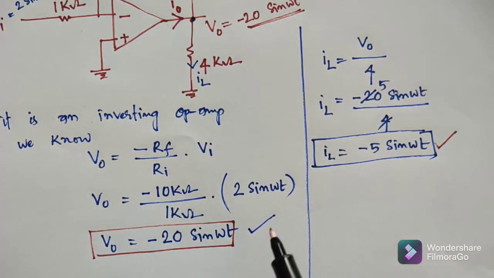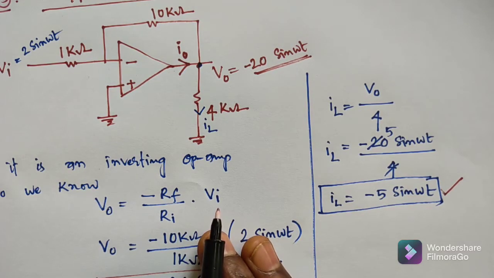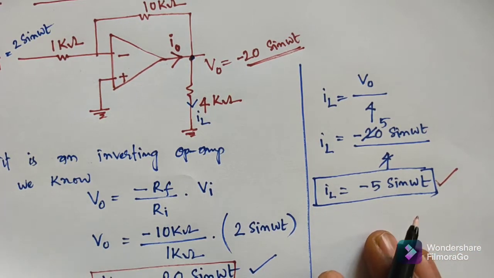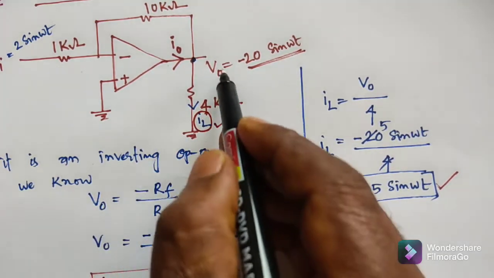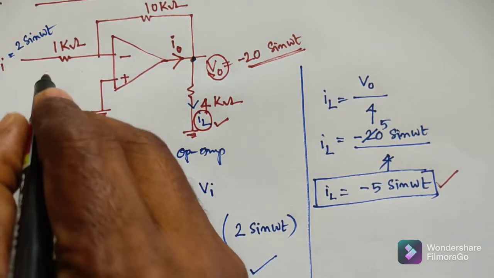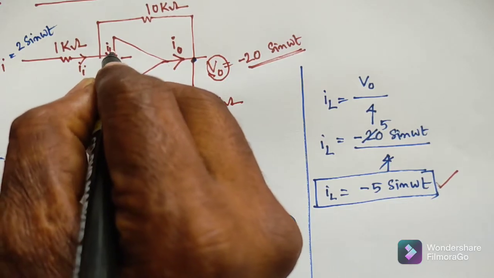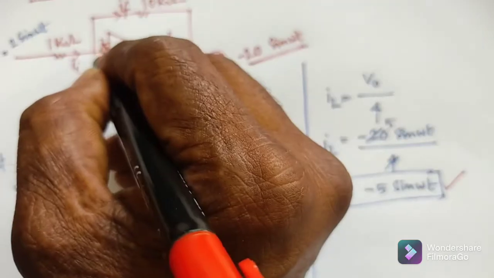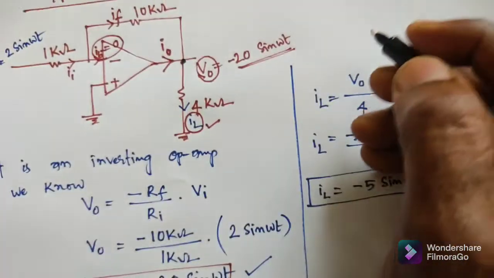Now, how can you calculate the I0 value? So far we have the IL value and the V0 value. To calculate I0, in the circuit diagram some current I1 is passing here, and the current IF is flowing through the feedback. Due to the virtual ground, the current IB at the negative terminal is 0.